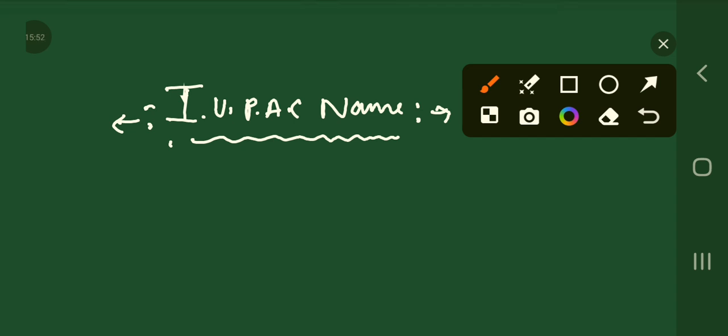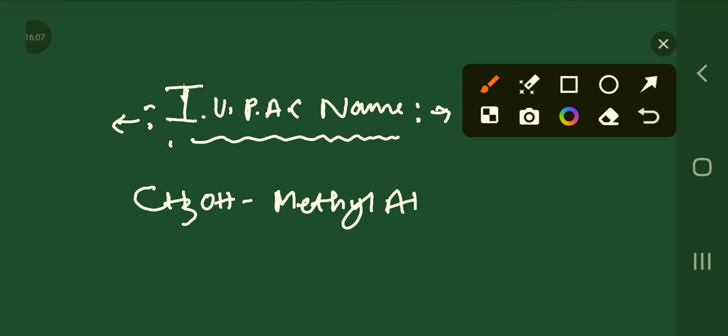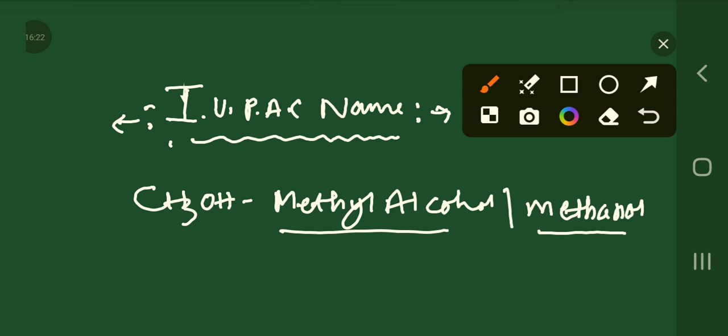So as we know, alcohol has the common name alkyl alcohol and the IUPAC name alkanol. We start randomly. CH3OH, its common name is methyl alcohol. I will take some examples, not in so much detail, but it will help you a lot. Methyl alcohol is the common name, methanol is the IUPAC name.